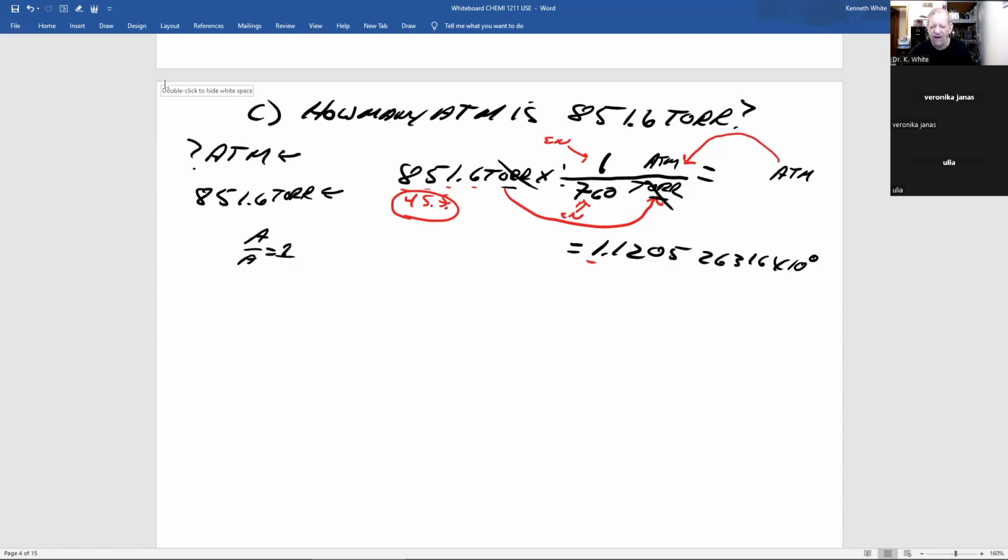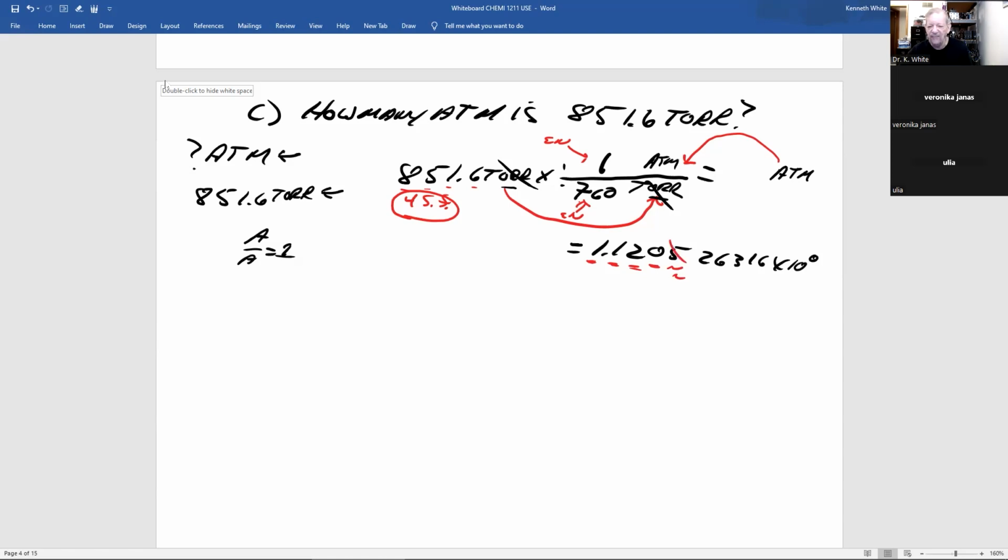And we'll keep the 1, keep the 1, keep the 2, keep the 0. And you use this to round off. Is that 5 or more? Yes.